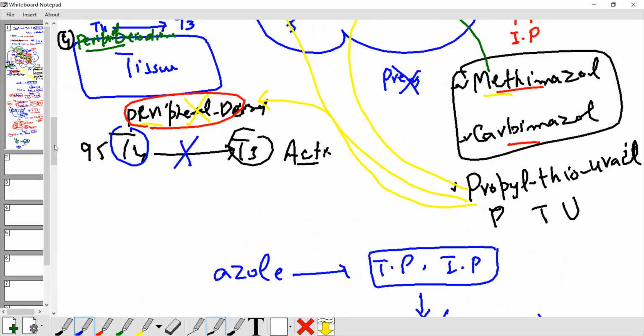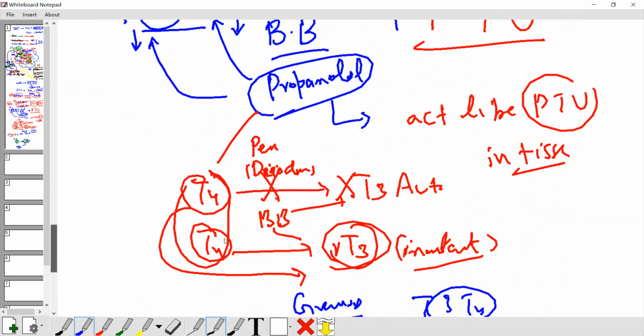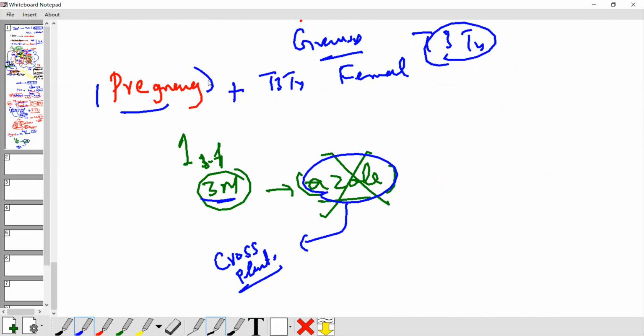How about the duration? Especially the first 3 months. Why do you want to use a drug here? Listen carefully. If the mother has hyperthyroidism, of course the mother is hypertensive. Hypertension is not good in pregnancy. It can lead to eclampsia and preeclampsia, so it's not good for the pregnant lady. The blood pressure must be in control.